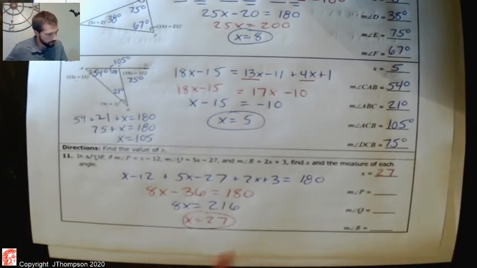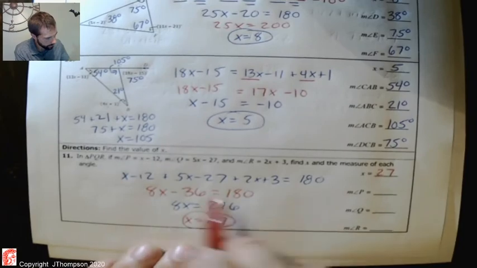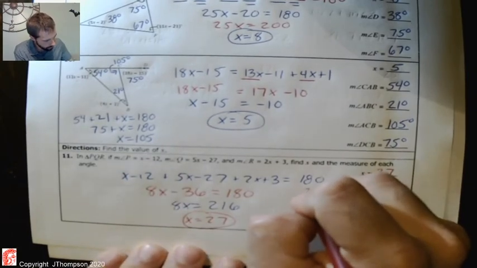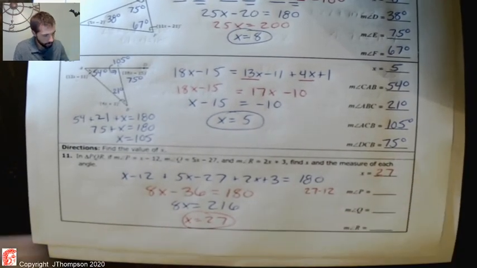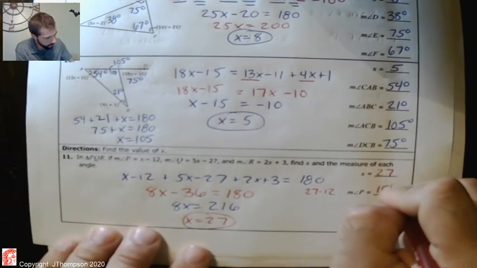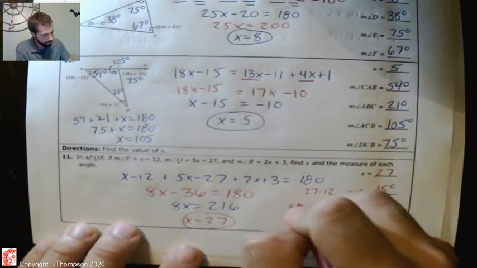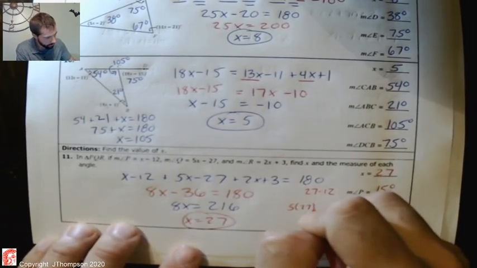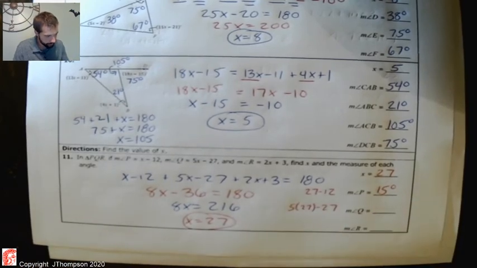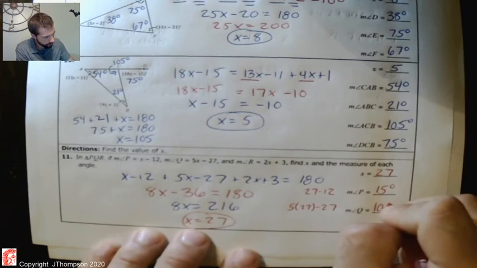And now we need to find the measure of each angle. Angle P is going to be x minus 12, so that's 27 minus 12, which gives us 15 degrees. For angle Q, that's going to be 5 times 27 minus 27, which gives us 108 degrees.